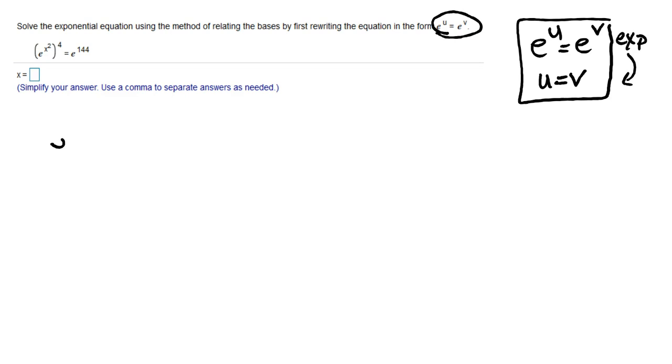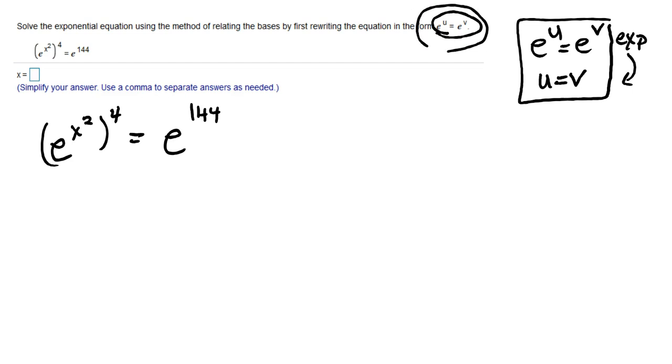So our equation is e to the x squared to the fourth equals e to the 144. Now my right-hand side already looks like what they want it to, e to a power, but my left-hand side needs a little bit of simplifying. So I'm going to use on the left-hand side something called the power rule for exponents.